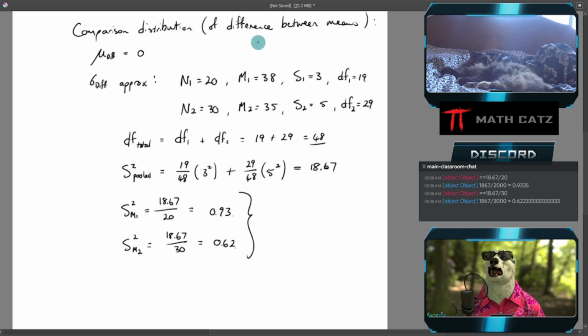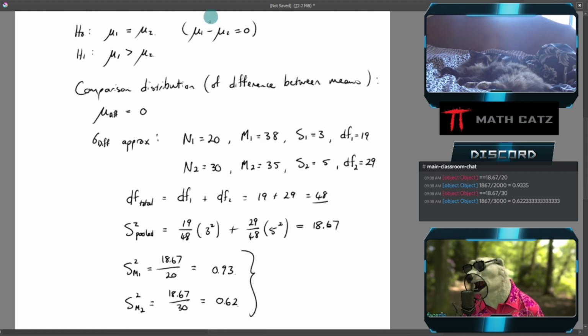All right. So now, ultimately, I need these because I am looking at the comparison distribution as the distribution of the differences between these two. Now, for the mean, arithmetically, it works the same and will be a difference as well, which is why it is 0, according to the null hypothesis. However, regardless of if I add or subtract the two, the variance is always additive.